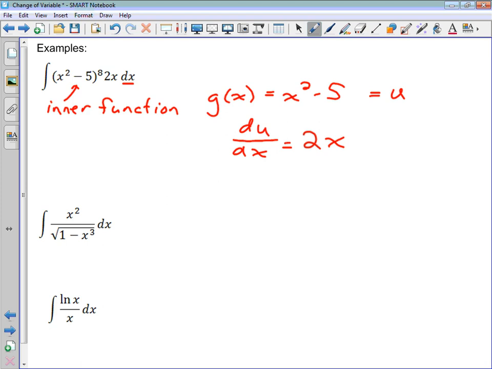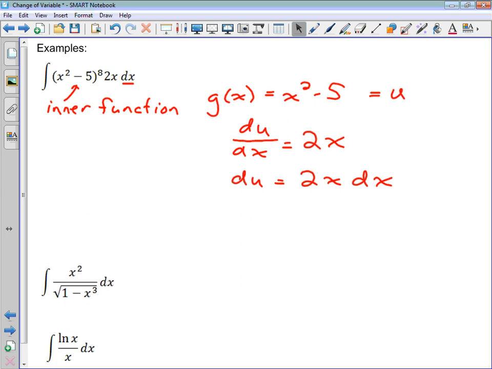What is du equal here? Well, if we rearrange this expression, I'll write it underneath here, du is equal to 2x dx. Just rearranging it.